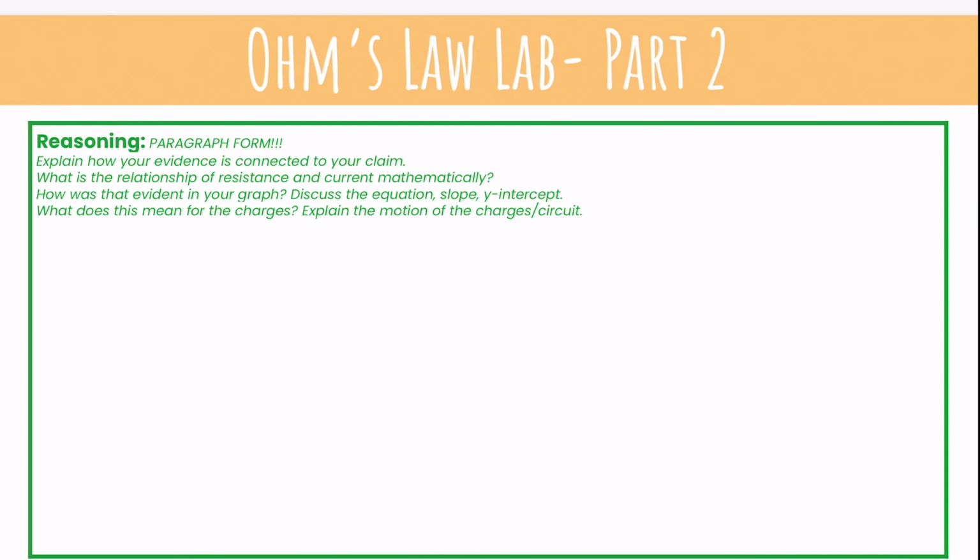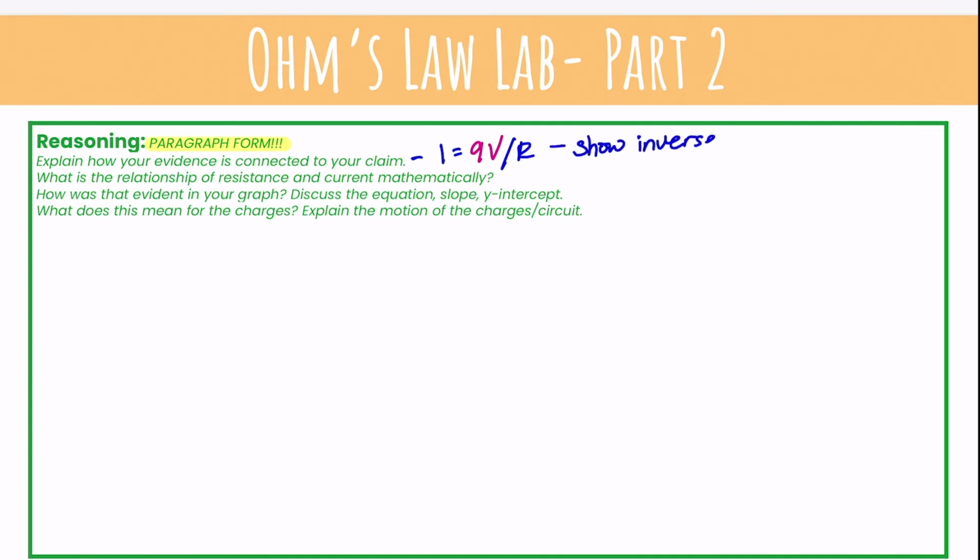And now for our reasoning, once again, don't forget to write it in paragraph form. Explain how your evidence is connected to your claim. So we're going to talk about how your equation of current is equal to 9 volts divided by resistance. How does this show inverse?